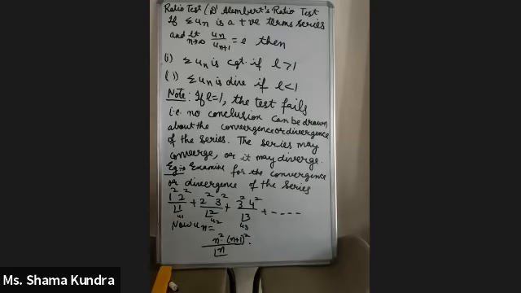You can check un after finding it, as it may be wrong. Put n equal to 1 and check the value of u1. Then put n equal to 2 and check the value of u2 and compare it. It means our un is correct.